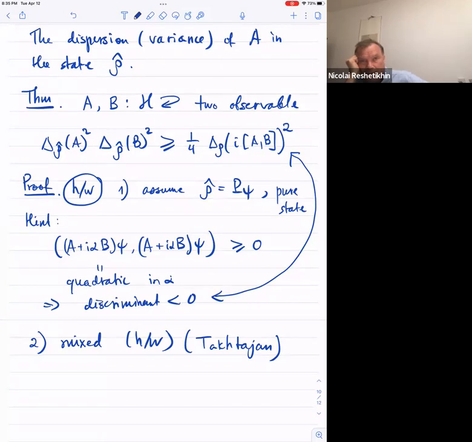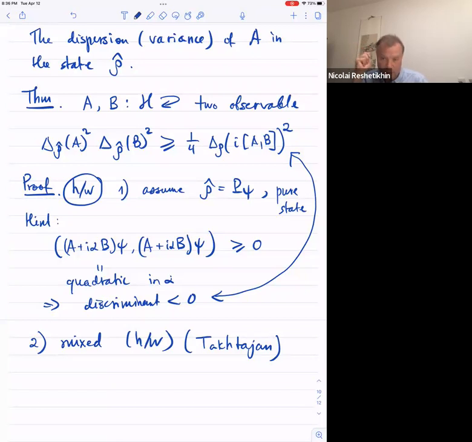Well, there are cases when, for example, the Hamiltonian doesn't have a discrete spectrum. It can only have continuous spectrum. So strictly speaking, it doesn't have eigenvalues and eigenvectors. In this case, everything should be modified, but there is a standard way to do it. Otherwise, a pure state is a pure state.